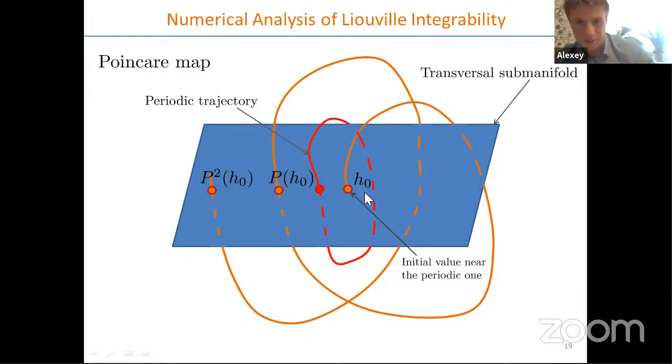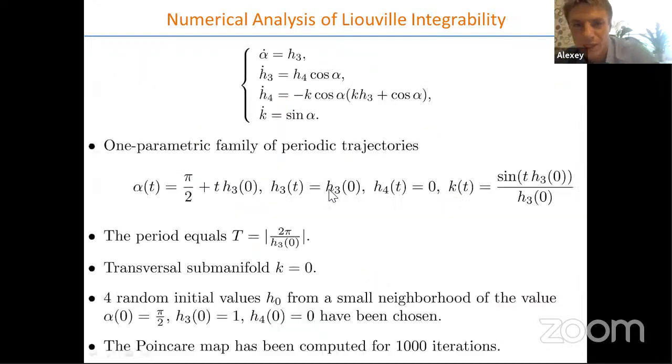And we have the images of Poincaré maps here. If they are aligned in some good continuous curve, then it shows that there is integrability, and it shows the presence of one more first integral. And if they are located somehow in a chaotic way in this plane, then it shows a chaotic behavior.